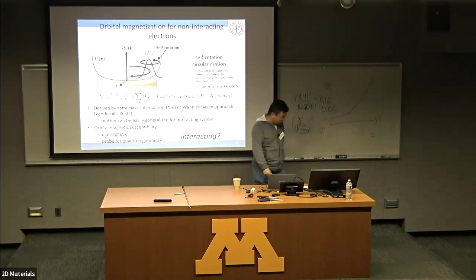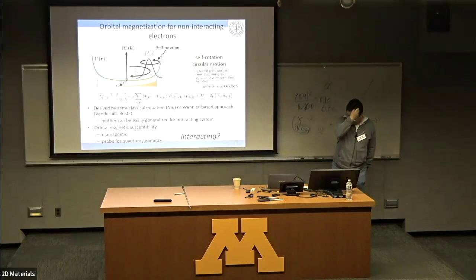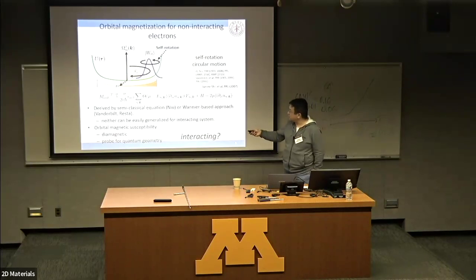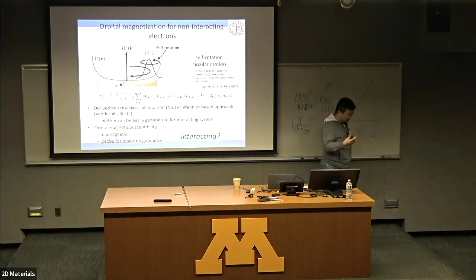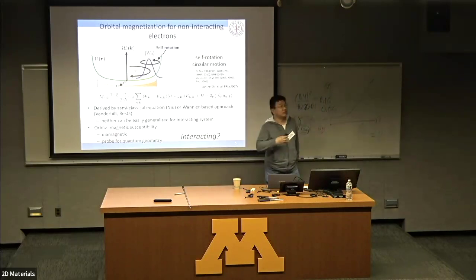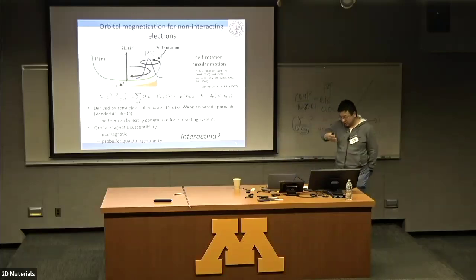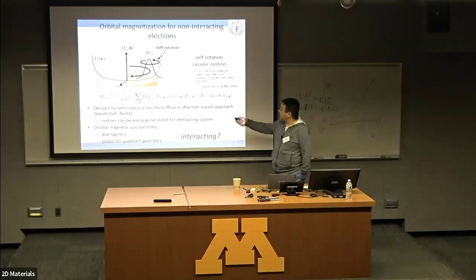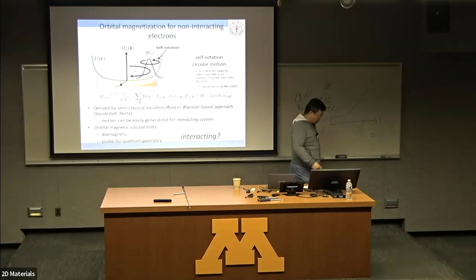If you look at the derivations, there are basically two different approaches. One is the so-called semi-classical equation of motion, and the other is to go to a Wannier basis and write down the orbital magnetization.